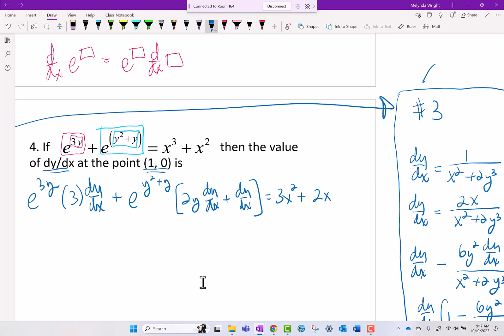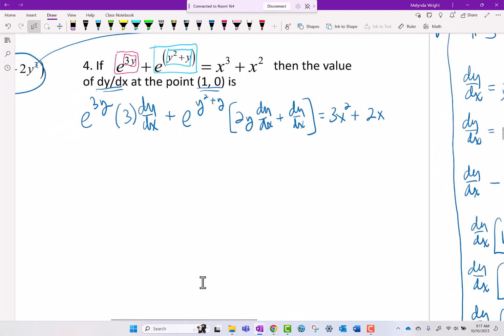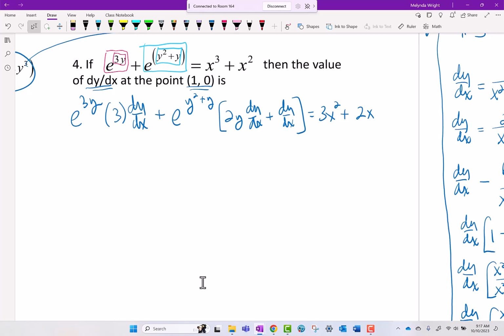I wanted to make it look better so that my work is not so hard. So I've got 3 different dy dx's to deal with, and I stayed on the left. Keep in mind that I'm going to have to distribute here, because that's kind of the algebra thing.